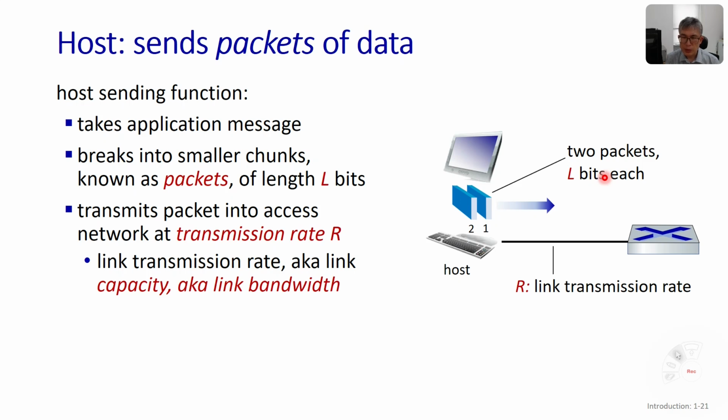If the packet consists of L bits and we transmit the packet into the access network at transmission rate R, R is the bandwidth, also known as link capacity or link bandwidth.